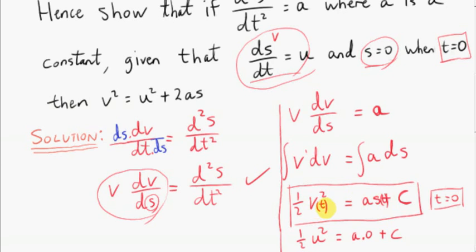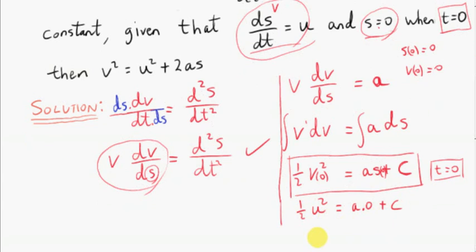If we set t equal to 0, we have v at 0, which is just u, and we have s at time 0, which we are told is 0. When t is 0, s is 0.